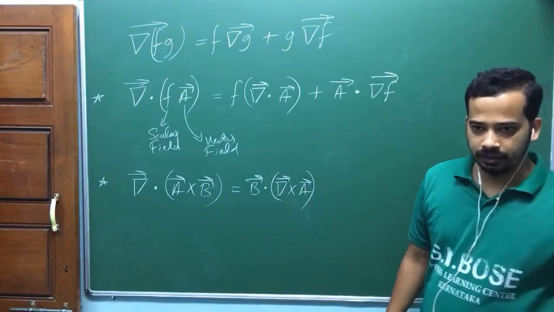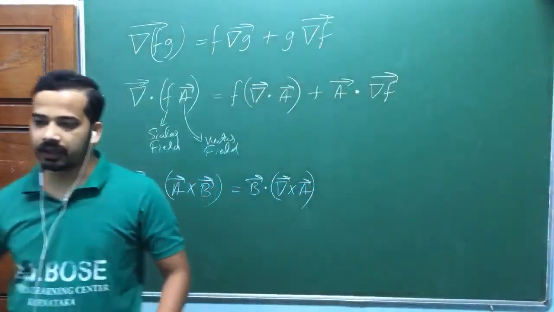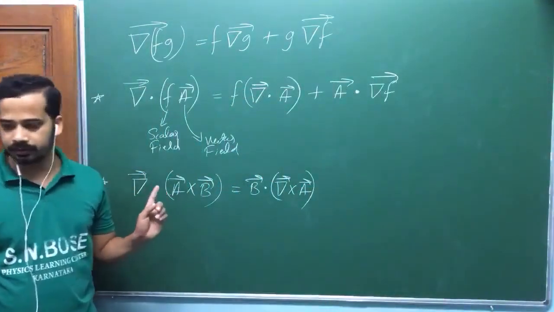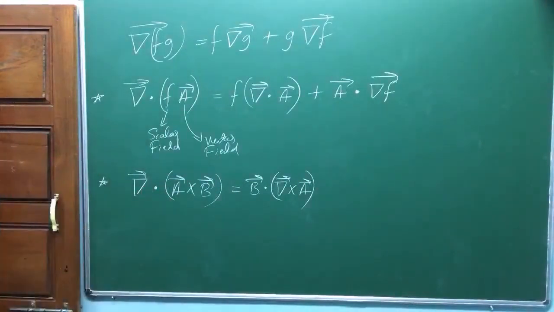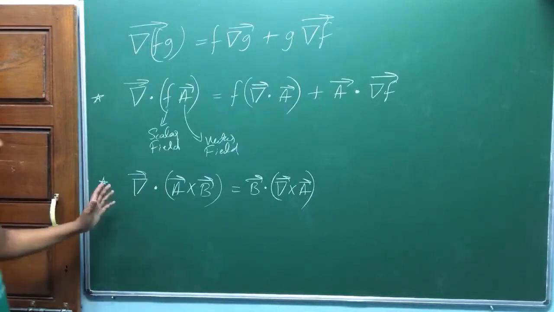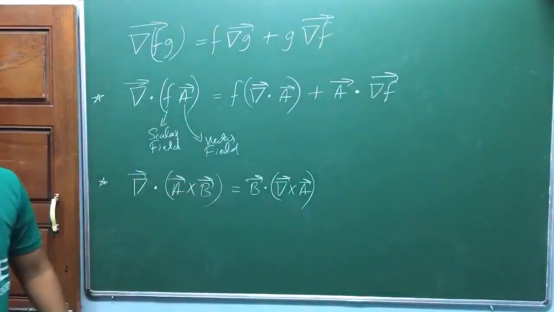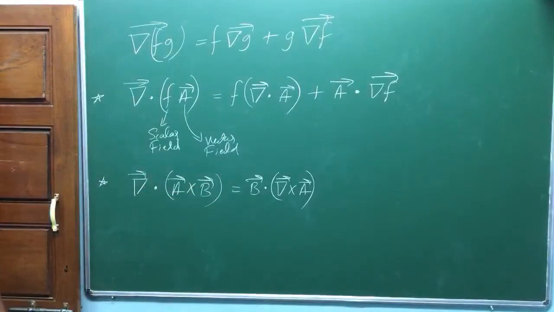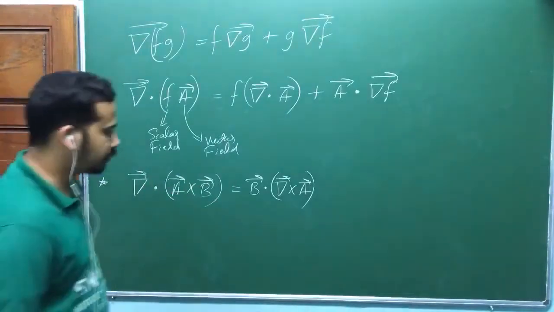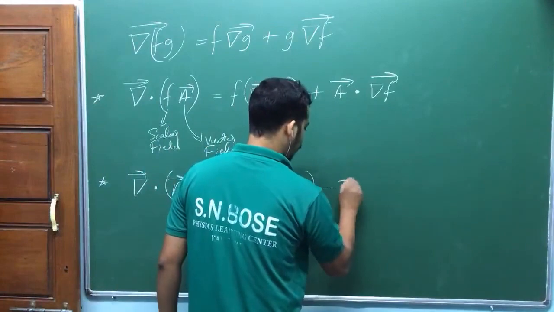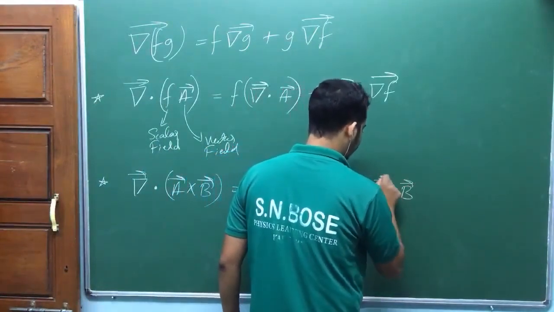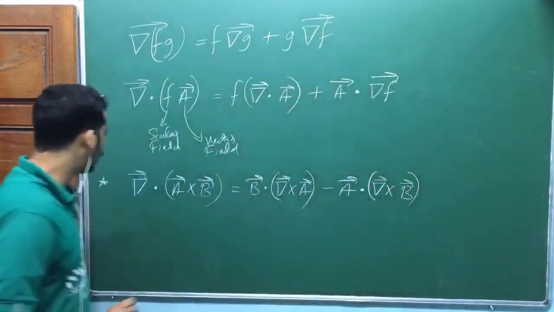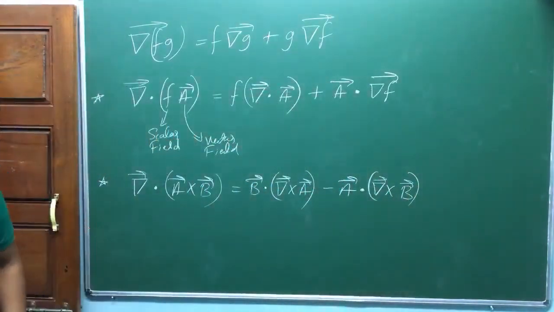You can see that one like a scalar triple product, but it is not. So del dot A cross B is a kind of derivative, divergence. Look here: B dot del cross A minus A dot del cross B. I think this is also needed somewhere.